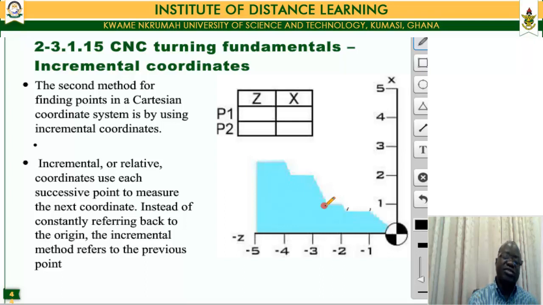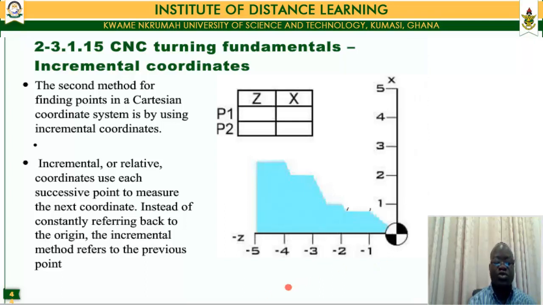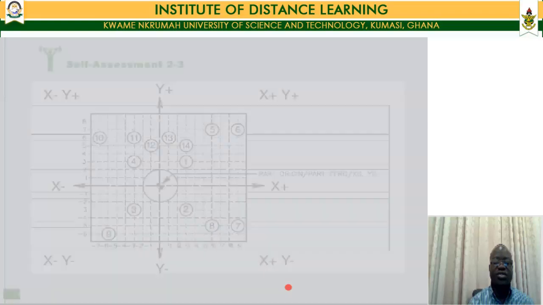When you are using incremental coordinates, your new coordinates have only a relationship with the previous coordinate, not the origin. So you are not going to do any sort of measurement from the origin to achieve what you need to achieve. Okay, so we move on from the absolute coordinates to the incremental coordinates.